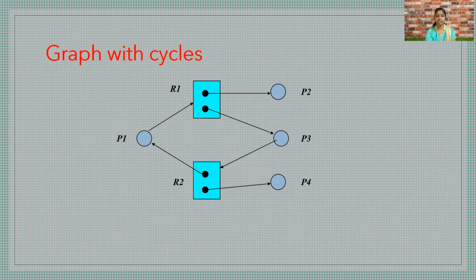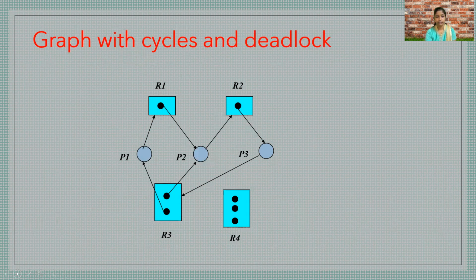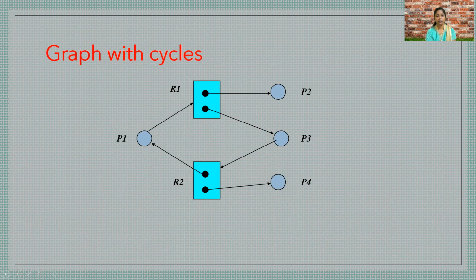P3 in turn is waiting for the resource R2, which are both held by P1 and P4. So what is the importance of having cycles? This previous slide, which showed a graph with cycles, does not show a deadlock condition because more than 1 instance of R1 and R2 are there.